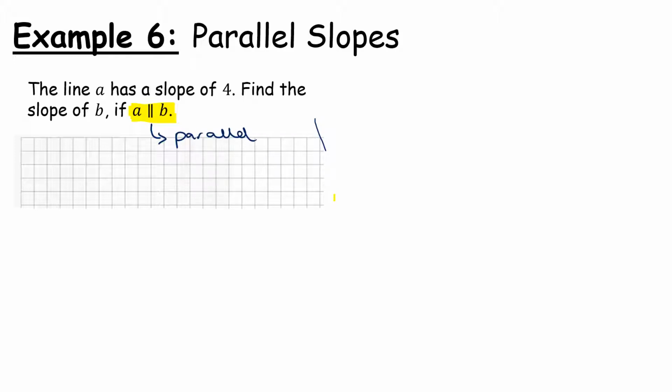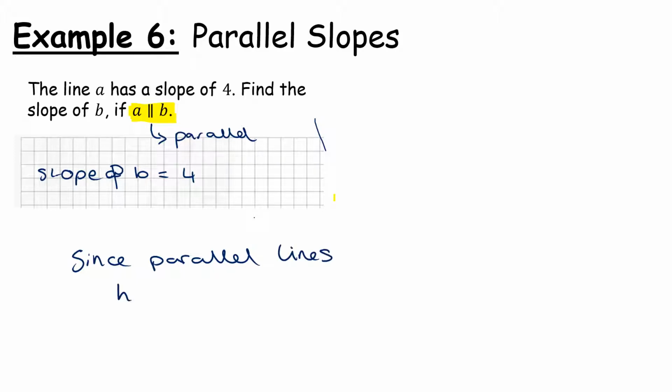So therefore, the slope of B is also equal to 4, since parallel lines have the same slope. And that's so important. Remember, slope is a measure of how slanty a line is, so parallel lines, because they'll never meet, their slopes will be identical. They will be the same.